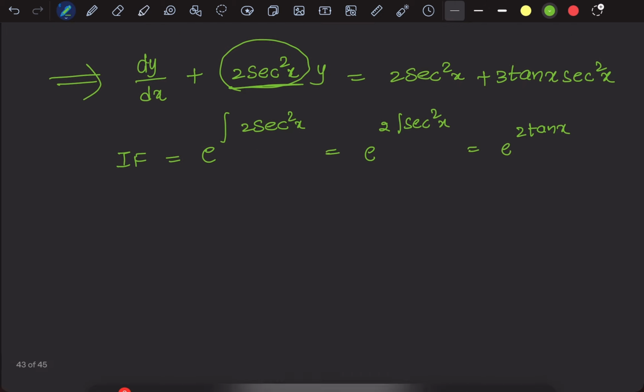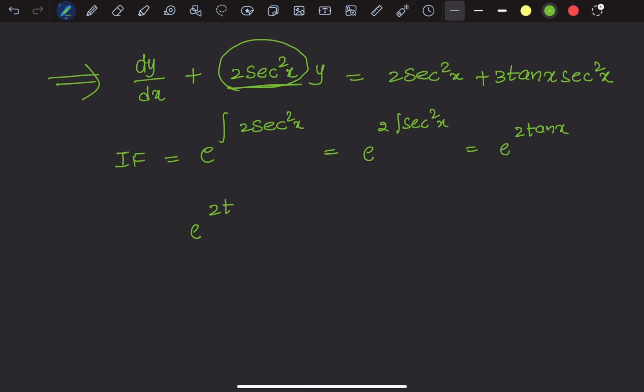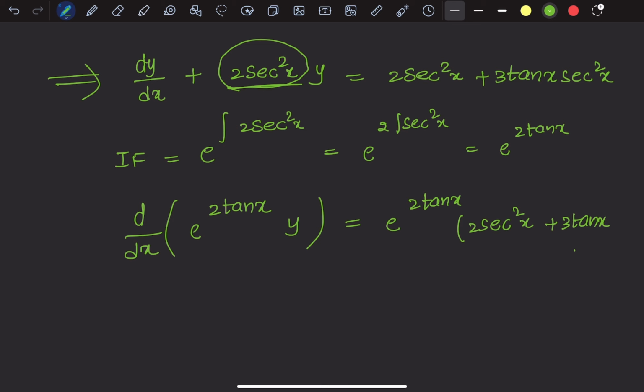So you'll get, on the left hand side, the differentiation of e power 2 tan x times y. And on the right hand side, you'll get e power 2 tan x multiplied by 2 secant square x plus 3 tan x secant square x.